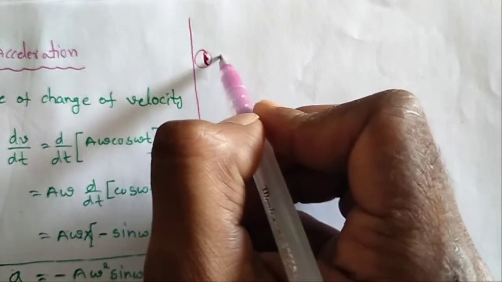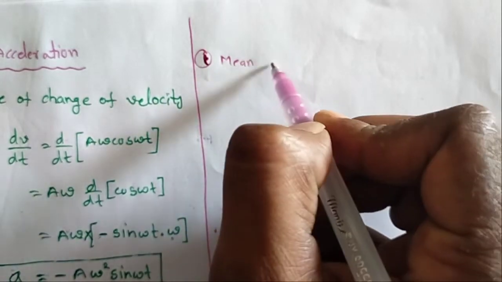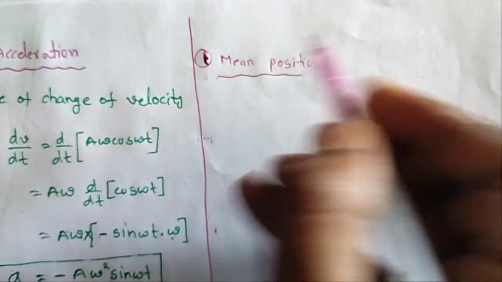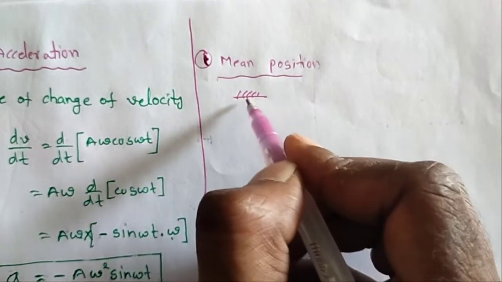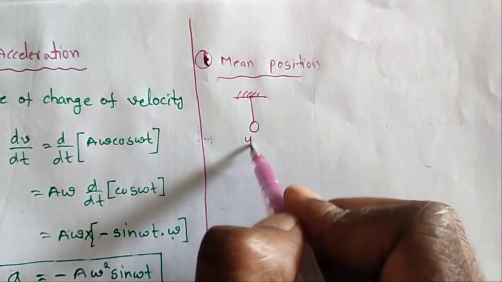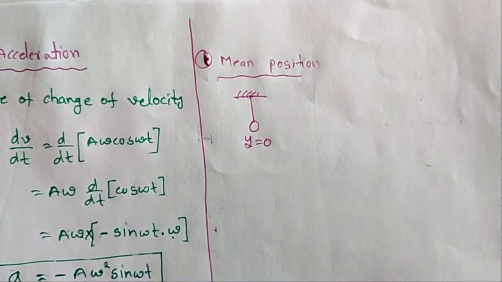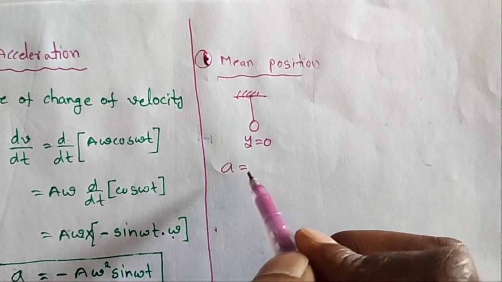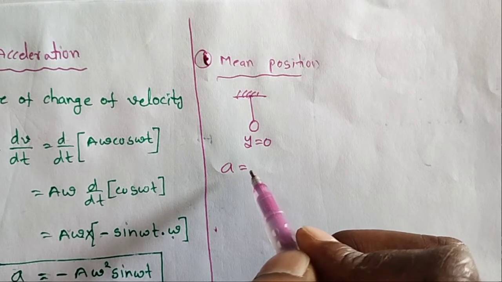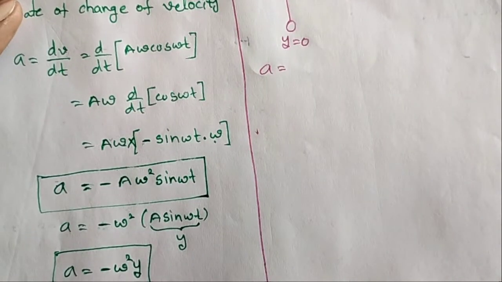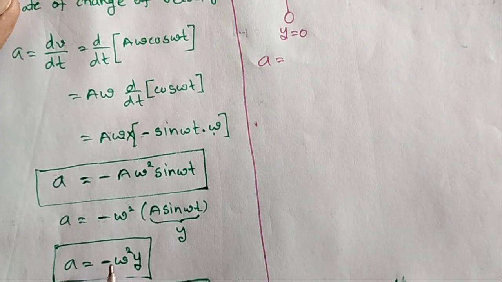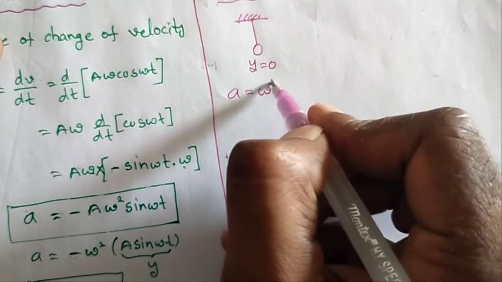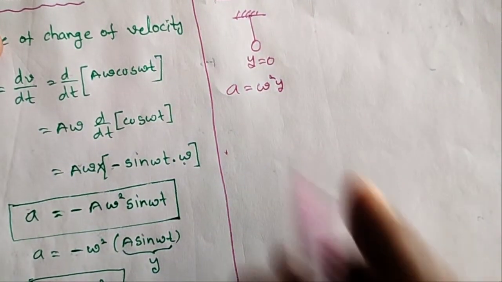In the mean position, what is the displacement? y is equal to 0. But what is the acceleration formula? I am taking only the magnitude. Don't take the minus. The minus just indicates the opposite direction. I am taking only the magnitude, that is a is omega square y. y is equal to 0.